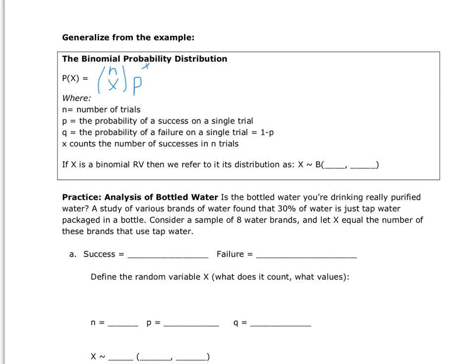The next piece was q, the probability of failure, and we said that the exponent was n minus x. This will work for all values of x, starting with 0 up to and including n. We defined what each of those pieces are, and just remember that this works when we have n and p.